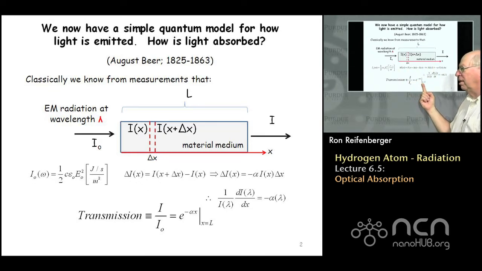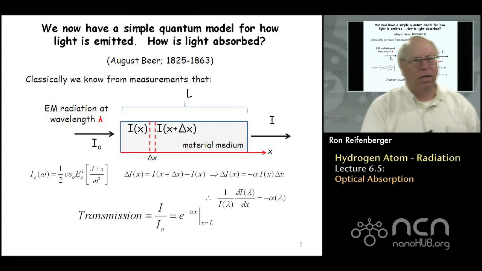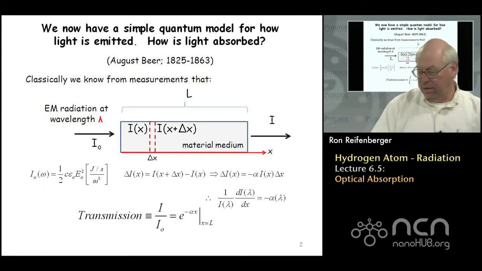So in this case, we evaluate x equal to L in this exponential formula, and this coefficient alpha tells us how the intensity of light changes as a function of delta x as the light moves through the medium. I think you'll find this law in all the textbooks, referred to as Beer's law, because it's used all the time to describe absorption of light in different materials.